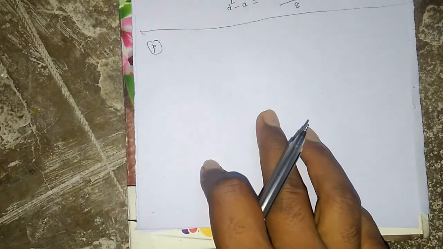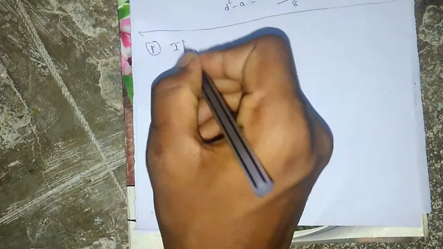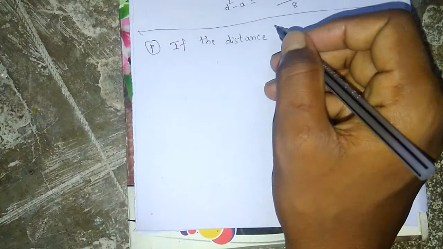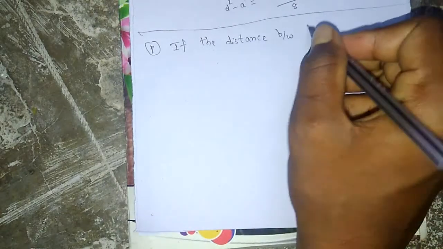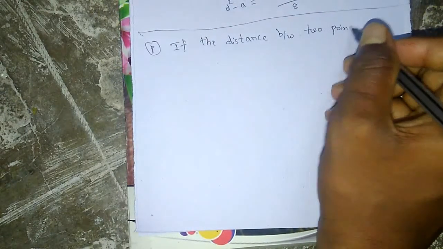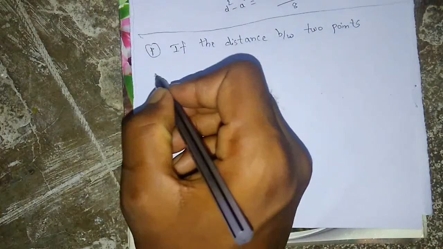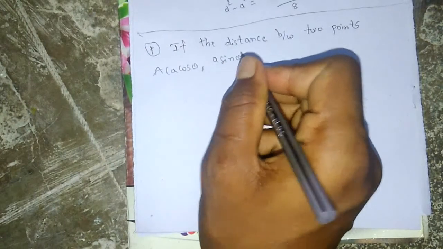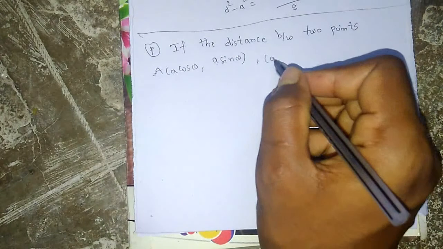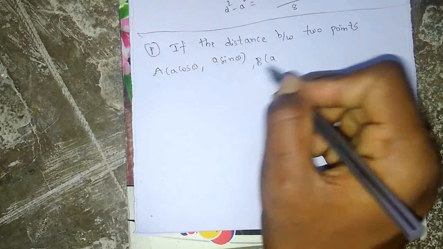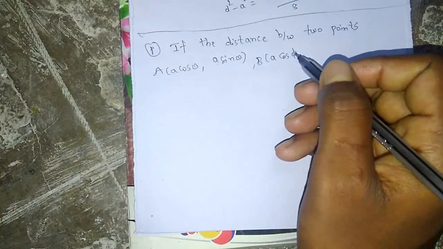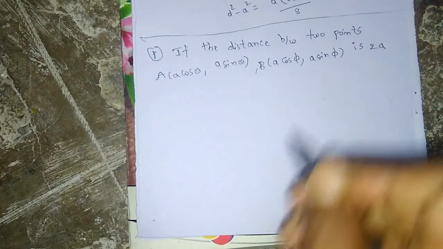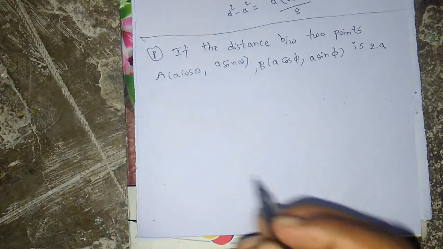Next problem is, if the distance between 2 points A (a cos theta, a sin theta) and B (a cos phi, a sin phi) is 2a, then theta is?